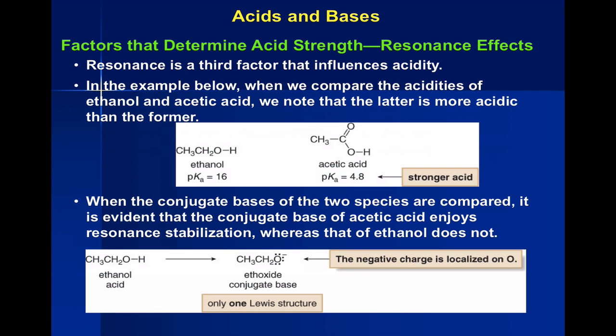The next factor is the resonance effect. So if I look at ethanol, ethanol has a pKa of 16, pretty close to water. Acetic acid, however, has a pKa of about 4.8, 4.75, depending on which text you get it from, right? Where do we get acetic acid in our daily lives? Vinegar, right?